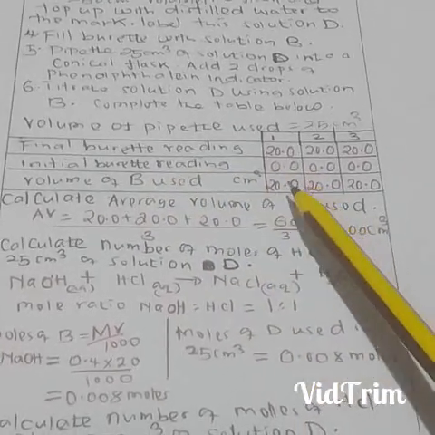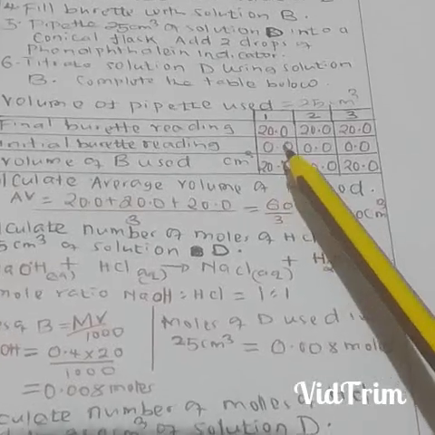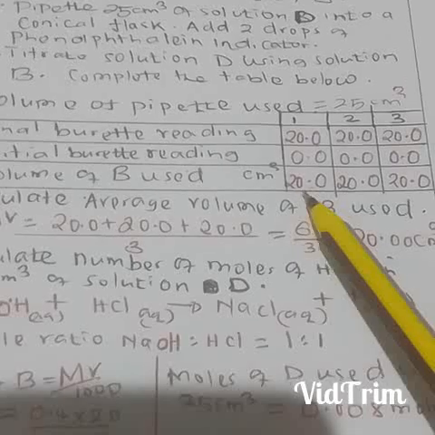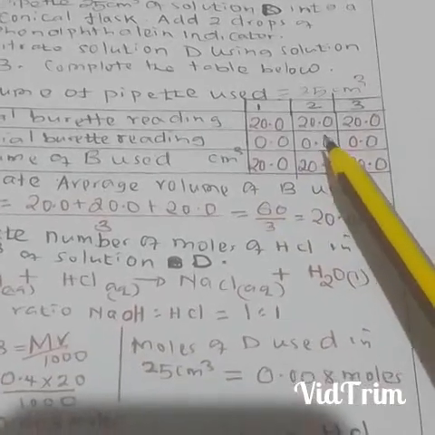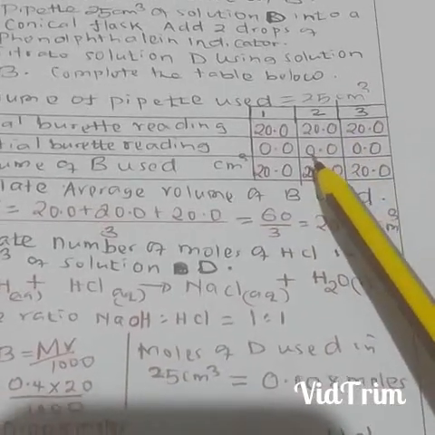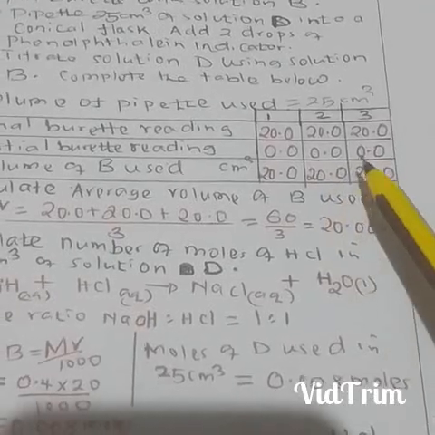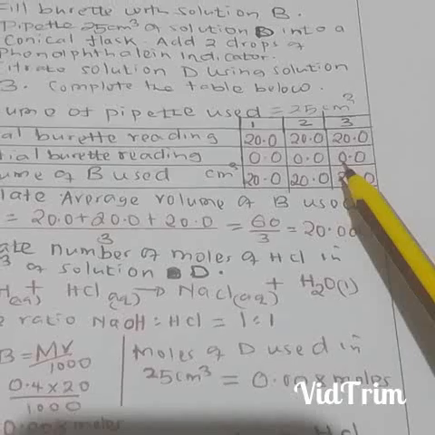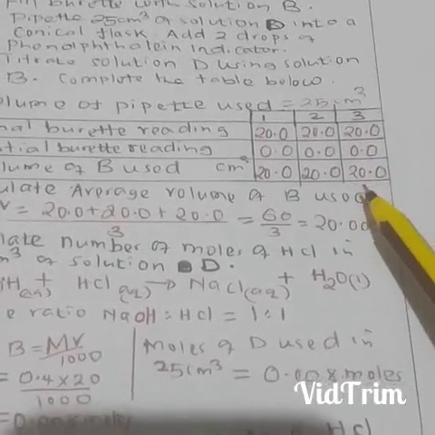So for the first titration, you take 20.0 minus 0.0, which is 20.0. Second titration, 20.0 minus 0.0, you get 20.0. Third titration, the same, 20.0 minus 0.0, which is 20.0.